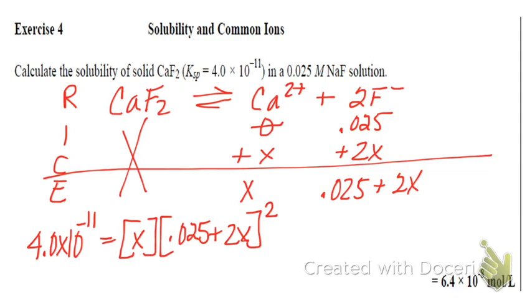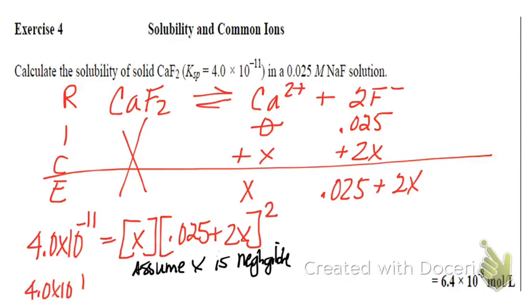Okay? So I'm going to do it in a different color. We're going to say assume x is negligible. So when we do that, our value becomes, back to red, 4.0 times 10 to the negative 11 equals, you still have to keep your x for calcium because that's the only way we can get that.